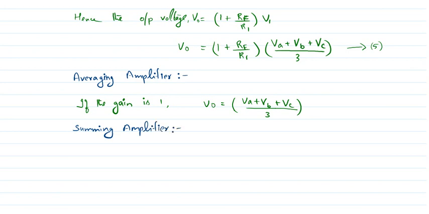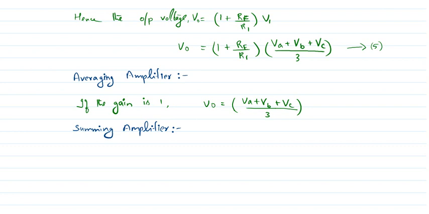In the case of the summing amplifier, the gain of the circuit, 1 plus Rf by R1, is equal to the number of inputs. The output voltage becomes equal to the sum of all the input voltages.